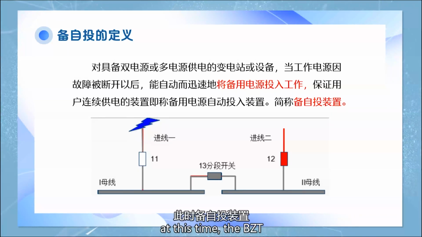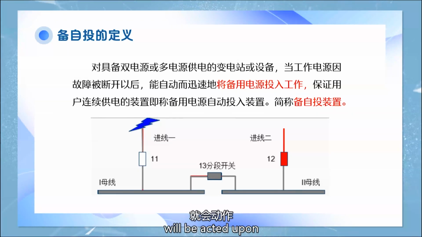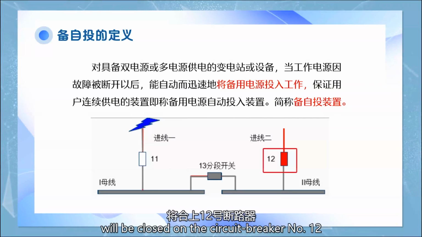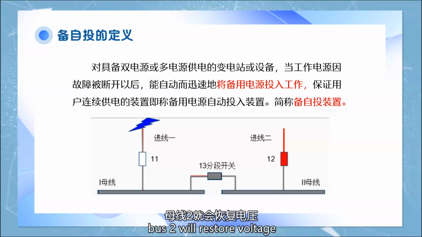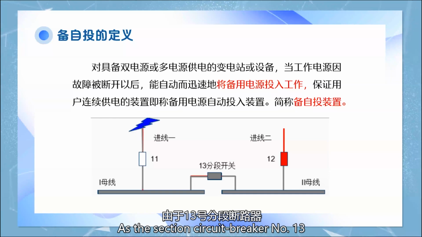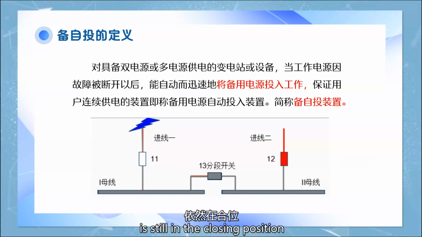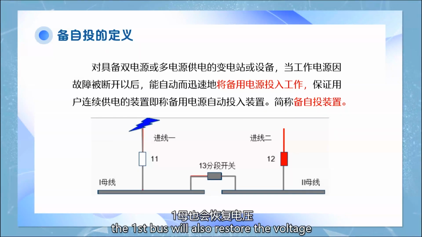At this time, the BZT will act and close circuit breaker number 12. Bus 2 will restore voltage. As the section circuit breaker number 13 is still in the closed position, the first bus will also restore the voltage.